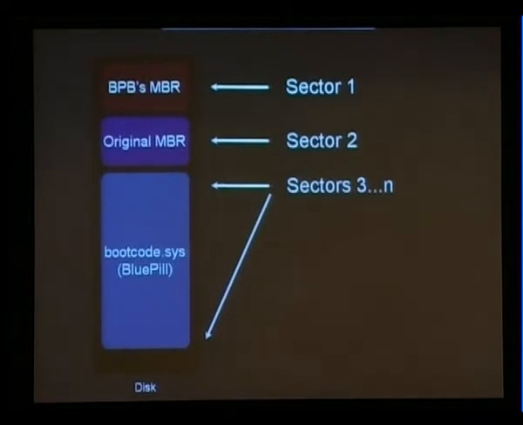This is the disk layout of the Bluepill boot infected disk drive. It overrides the MBR, and it stores the original MBR on sector number 2, just right after the new MBR, and it fills the next 20 sectors with the main Bluepill code.